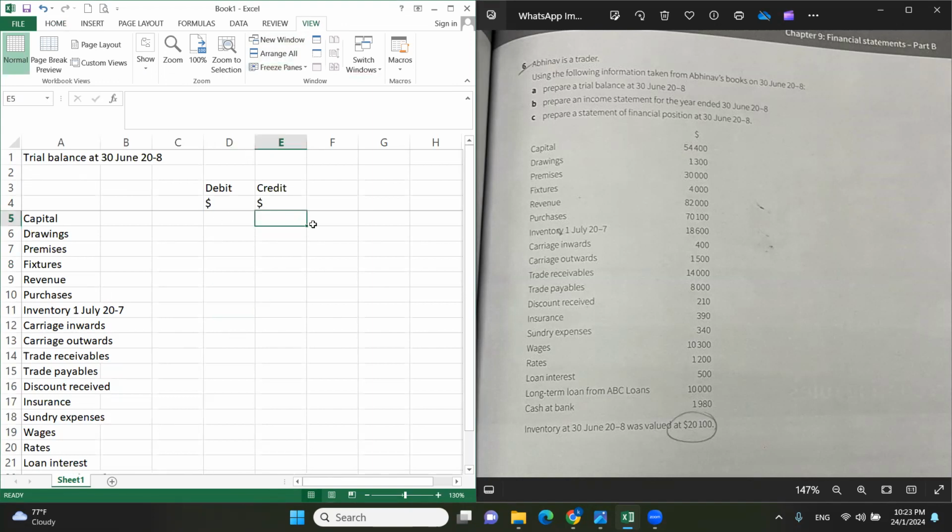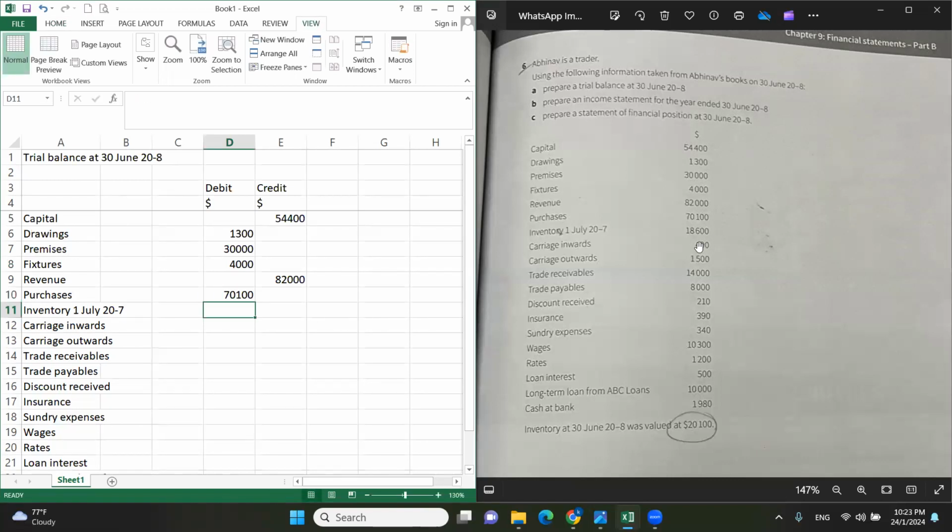Okay. For the capital is in the credit side, and then drawing is in the debit side, and then premises is an asset in the debit, furniture is an asset also in the debit, revenue is in the credit, and then purchases is in the debit.